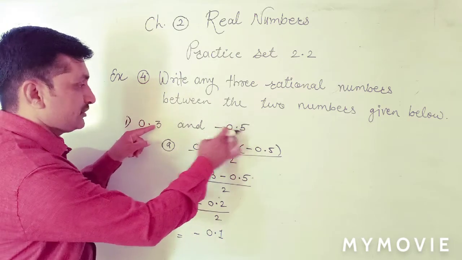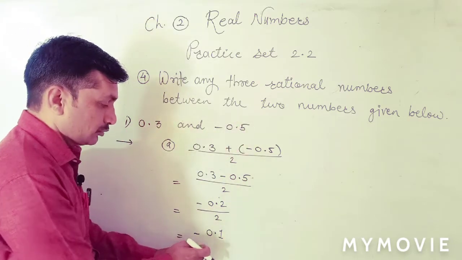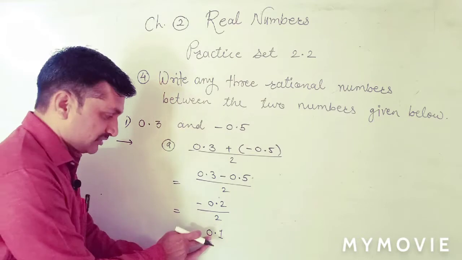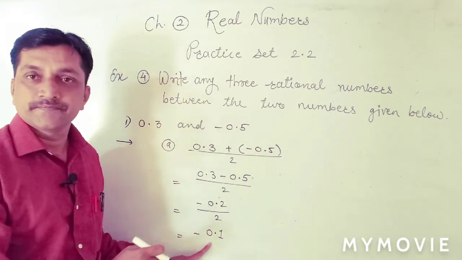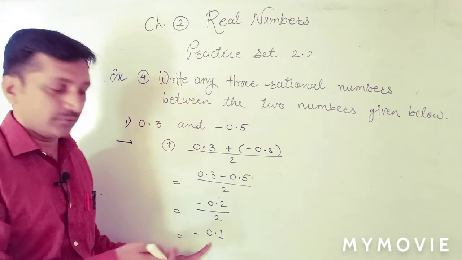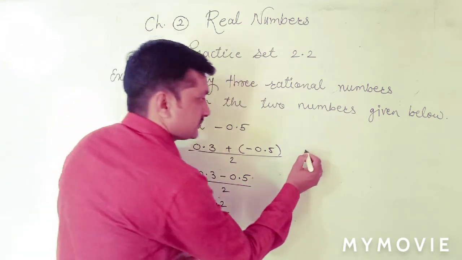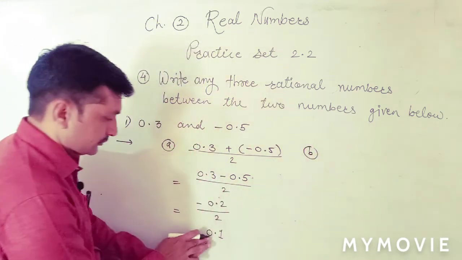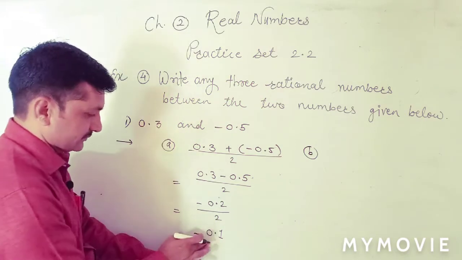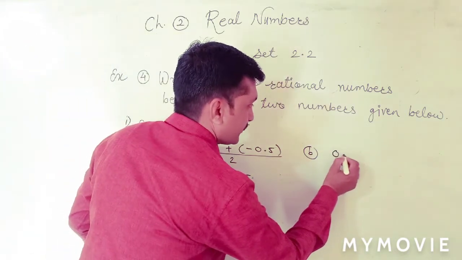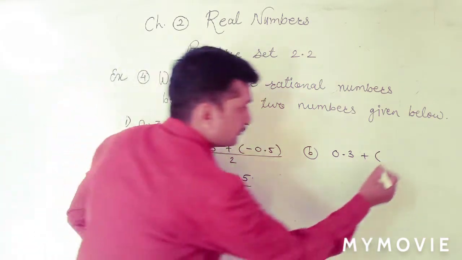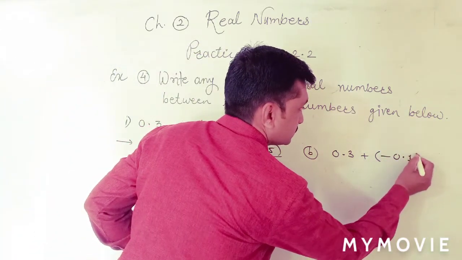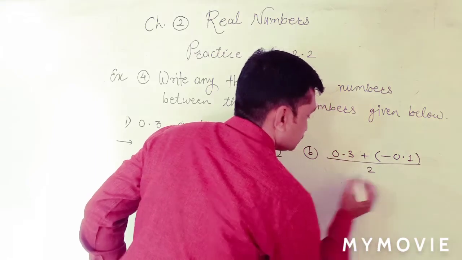Okay. Now average of these 2 is this. Now find out the average of this number with this, average of this and average of this. Average with these 2 numbers now. See, second. Now this and this, average of these 2 numbers. 0.3 plus in bracket, now this, take this number, minus 0.1 divided by 2.